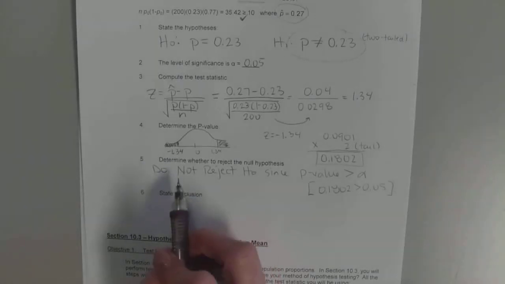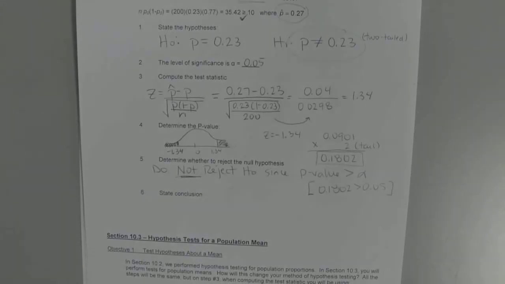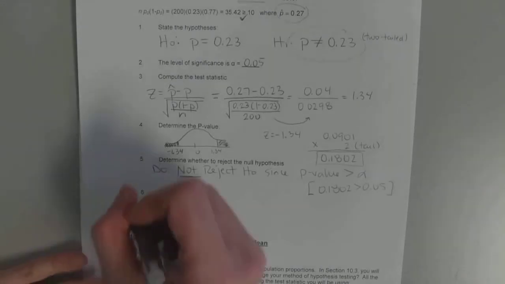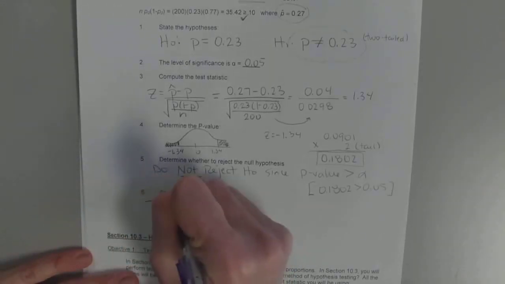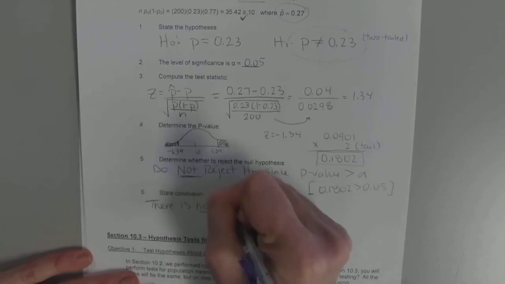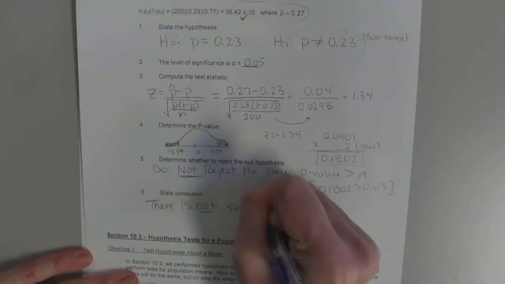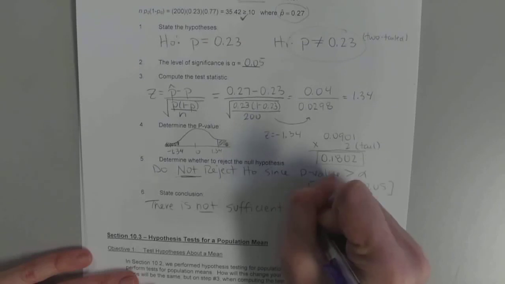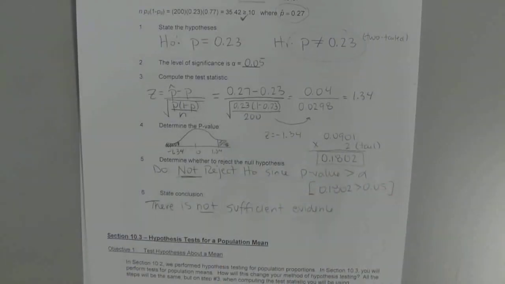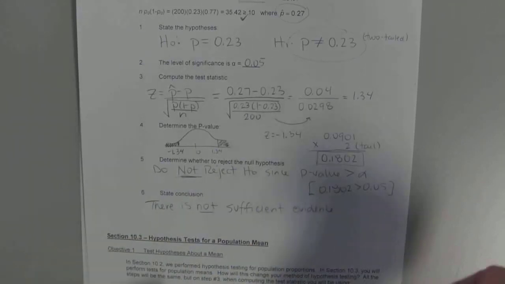All right, so what's our conclusion? Since we do not reject, there is not sufficient evidence to support H1. What happens if your p-value is equal to alpha? It has to be less than alpha. So if it's equal to alpha, you still can't reject. That sometimes happens.